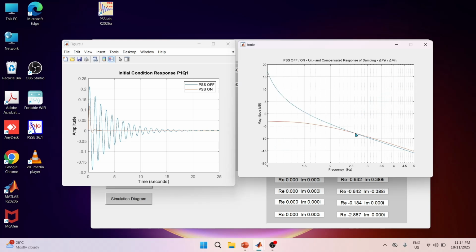On the higher frequencies, the intersection has shifted from 1.89 to 2.62 Hz. Accordingly, the frequency response with PSS on is below the response with PSS off for the entire targeted range from 0.2 to 2.5 Hz.